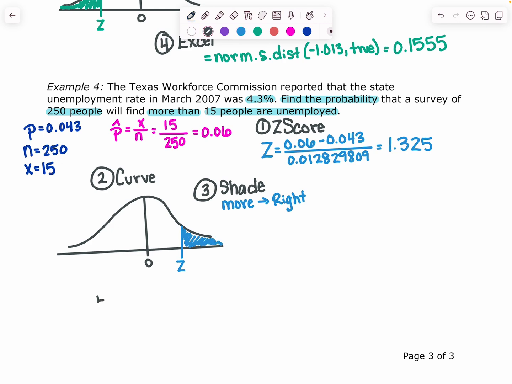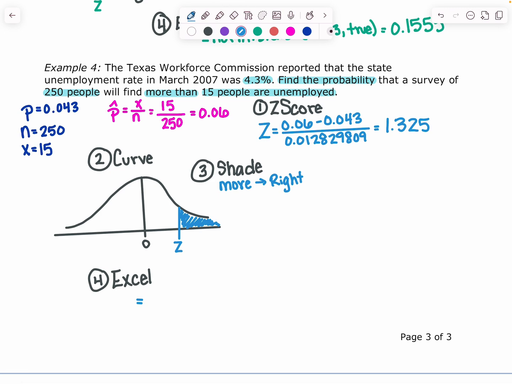And then step 4 is using Excel to find the probability. Since this is more than, I have to do 1 minus norm.s.dist 1.325, comma, true.